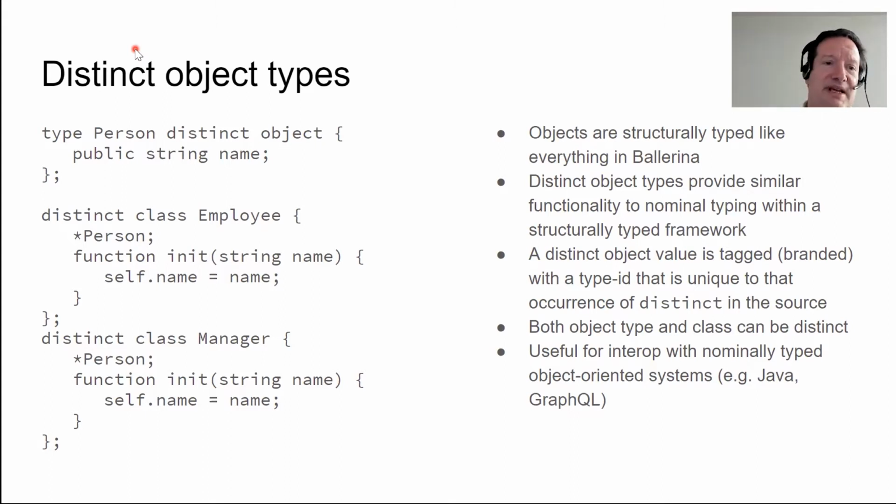It can also be useful when the name of the fields isn't quite enough to distinguish, and you want something a little bit stronger than that. But this is very much not data. When you're doing objects, sometimes just thinking structurally doesn't really do what you want, and you want to think more nominally.